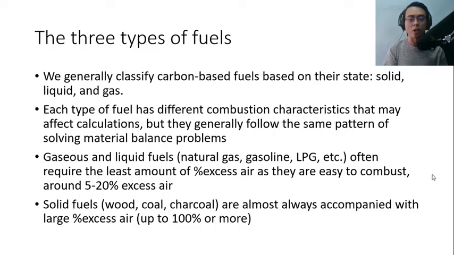In particular, the atomic balance method would mostly be the one that we are going to use for combustion problems. Okay. Gaseous and liquid fuels, such as natural gas, gasoline, LPG, and others, often require the least amount of percent excess air as they are easy to combust, which normally requires around 5 to 20% excess air.